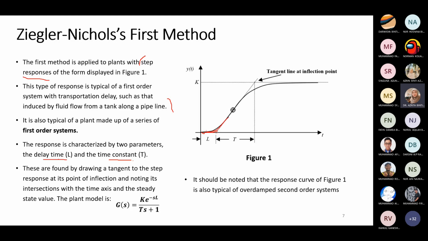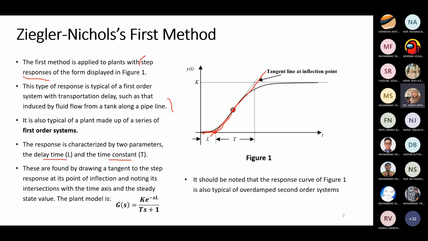So from here, we can draw the tangent line. How to draw the tangent line? We draw half of the stable system. So we put this point, and then we can draw this line, what we call the tangent line.